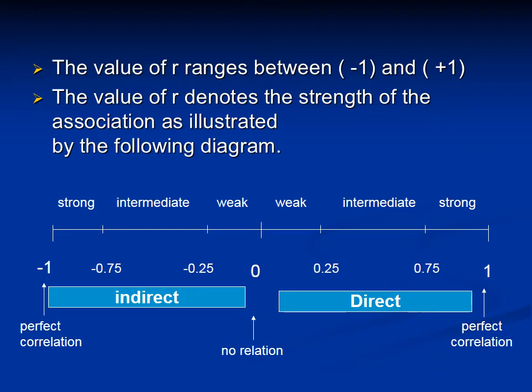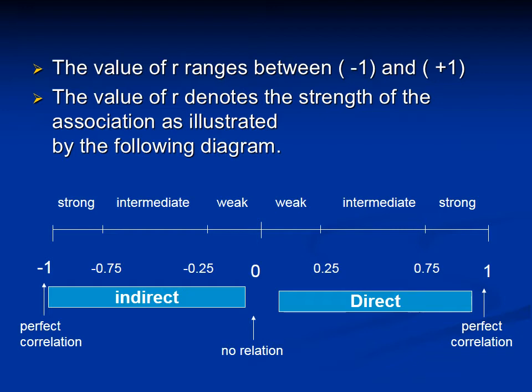So 0, as we said earlier, means no correlation. So the values of R range from -1 to +1. When you're giving your interpretation, you will use words like strong, intermediate, weak. If you get positive 1, that is perfect positive correlation.